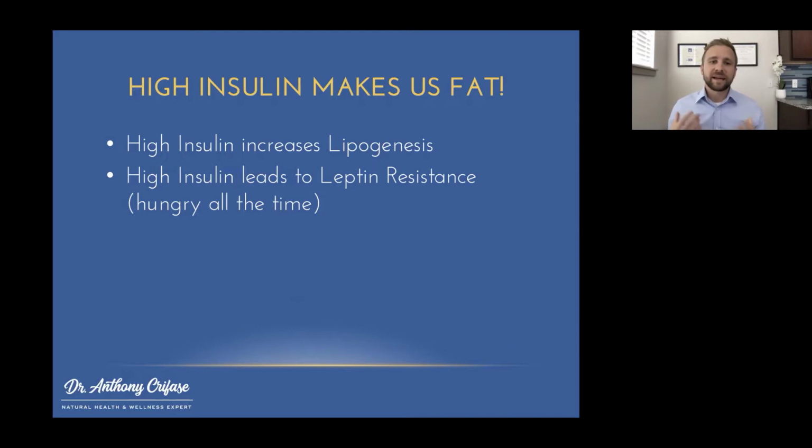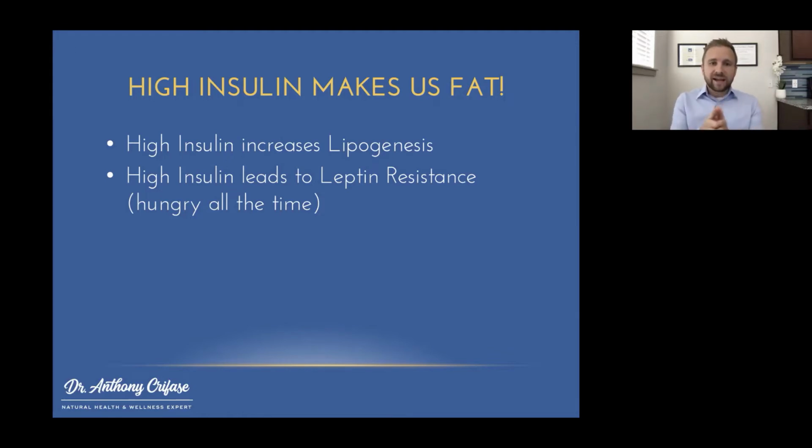High insulin makes us fat. As we said, high insulin increases what's known as lipogenesis. And high insulin also leads to what's known as leptin resistance. So leptin is a hormone that is in your body and it tells your brain when you're full. So if you eat a meal, as soon as you're done eating that meal, leptin should start kicking in and telling your brain, hey, I'm full, I'm satiated, I don't need to eat any more food.